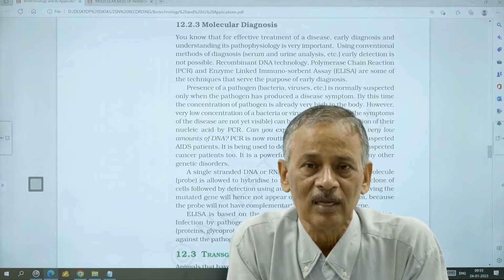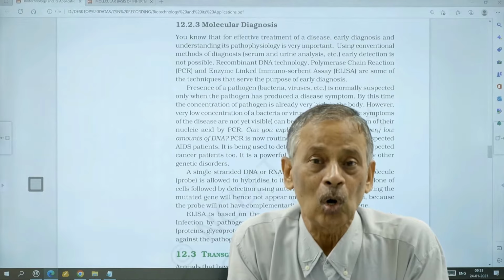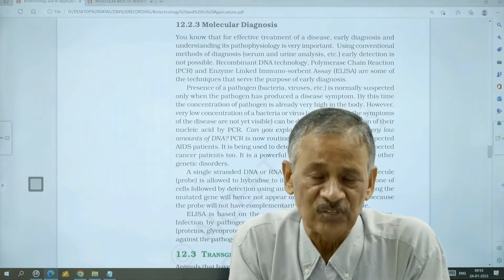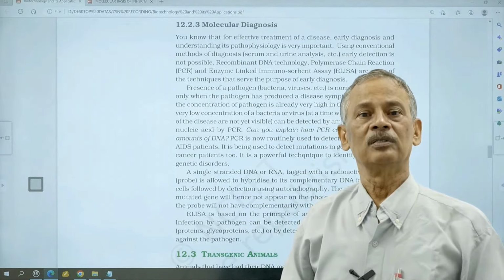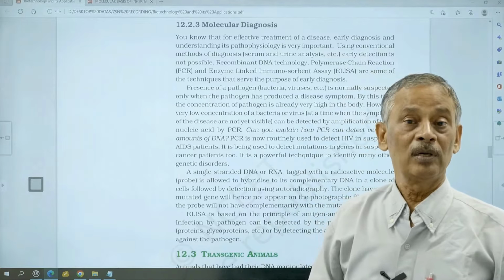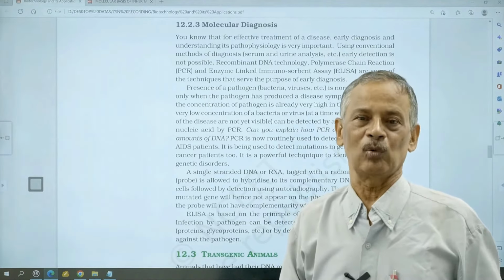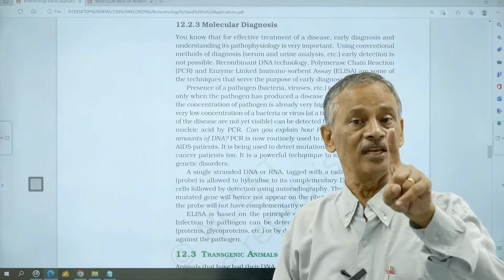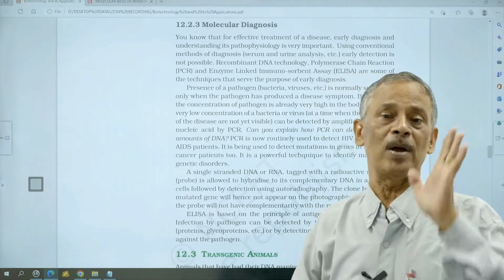For that, we are using a technique called autoradiography. It's a procedure where we are using a probe. What is a probe? Probe is an inspecting molecule, a checking molecule. It is a single-stranded DNA or an RNA which is radioactively labeled.